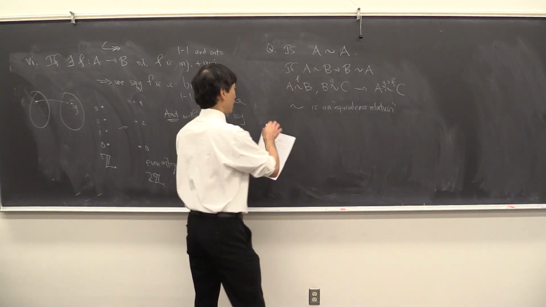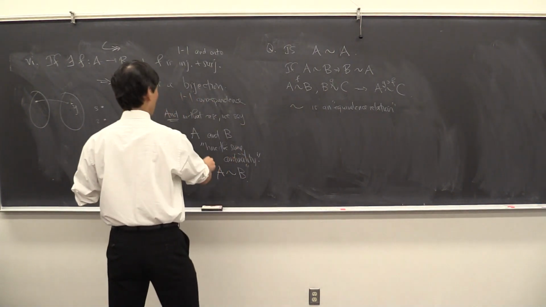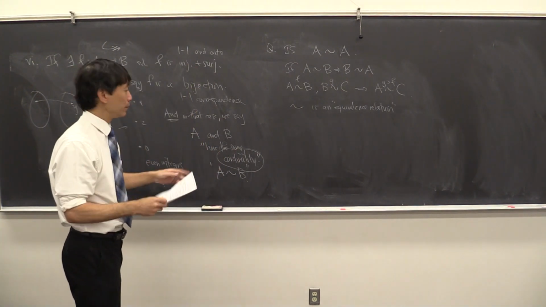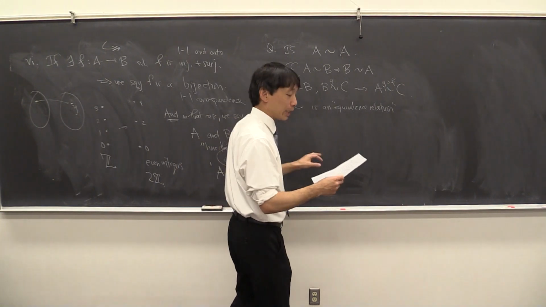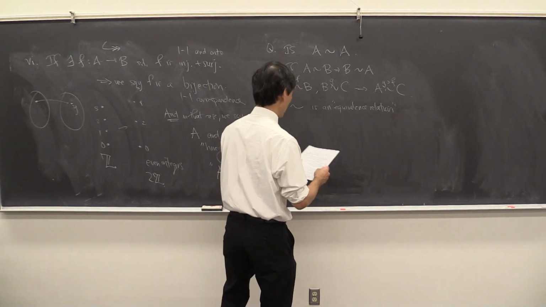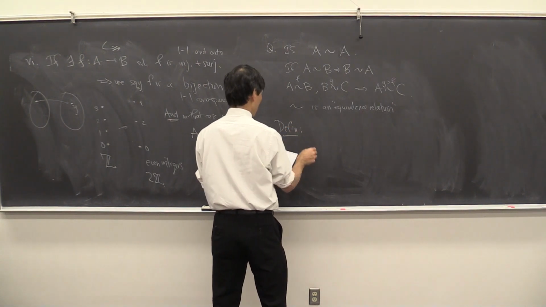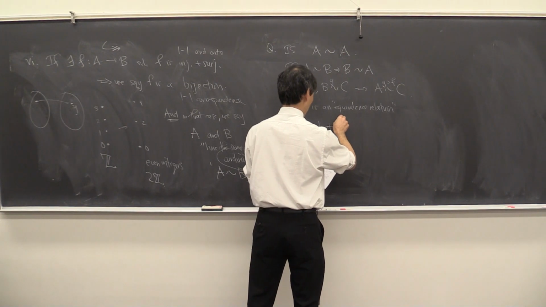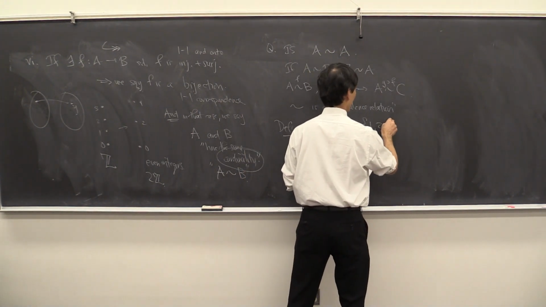Okay, so now that we've got this term of cardinality, all that stuff that we just did was basically to get to this term. Now we can talk about finite, countable, and uncountable sets. Just some notation: let J sub n be the natural numbers from 1 to n.